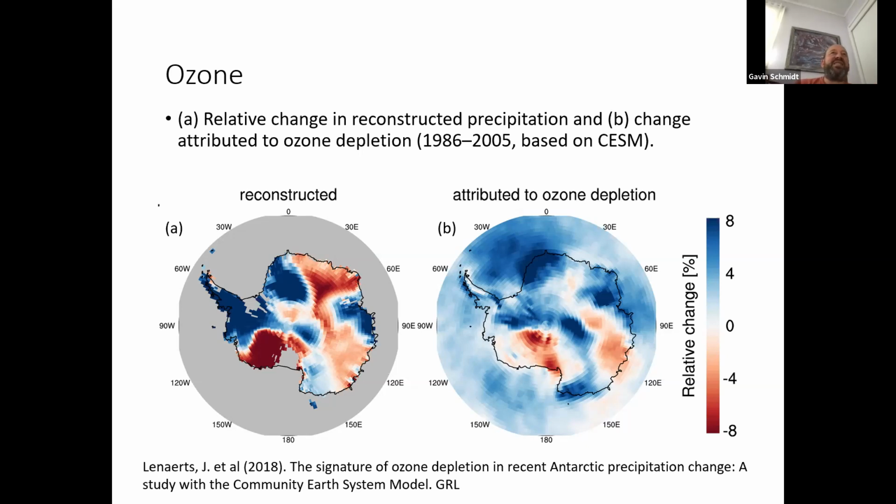I was actually following on from Vivian's comments, and you made some comments about what the models show. While you were talking, I was looking back at what our models showed 15, 20 years ago.